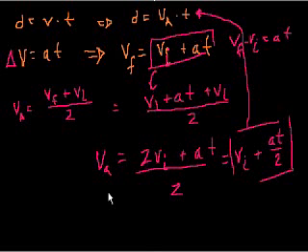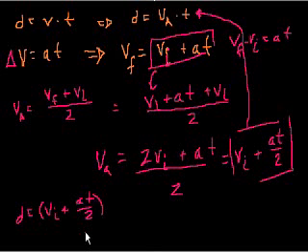Let's substitute it back into this. So we can say that distance is equal to the average velocity. Well, that's this: Vi plus At over 2, times time.